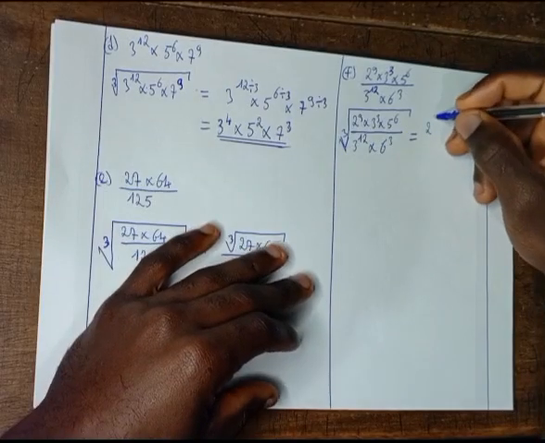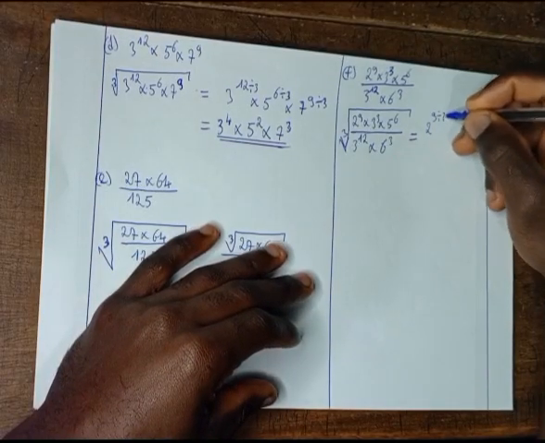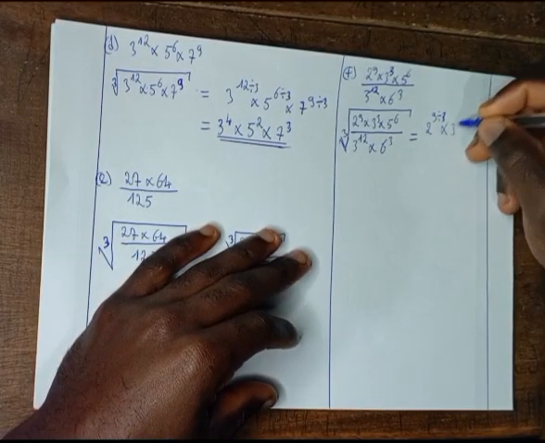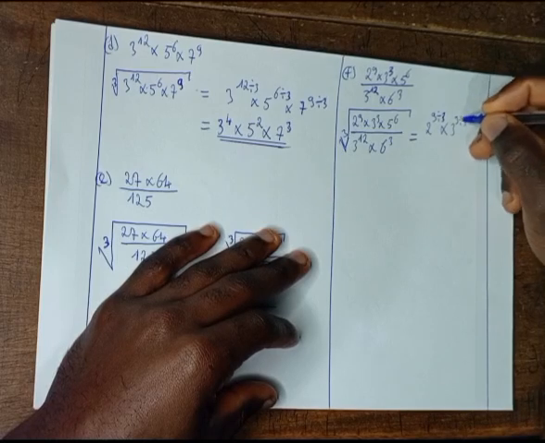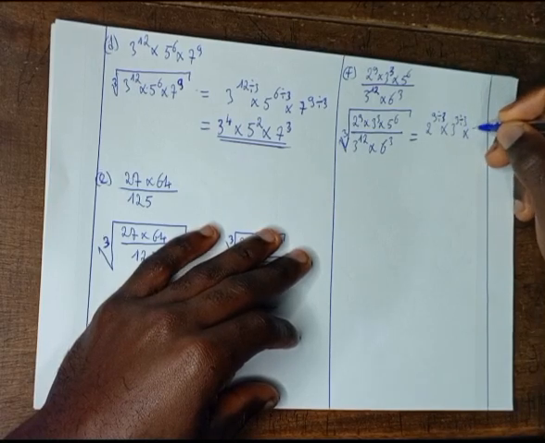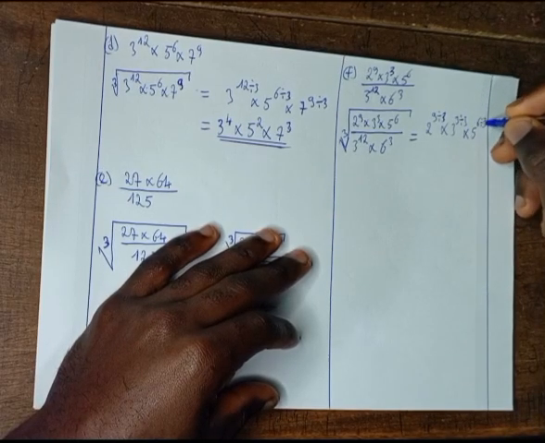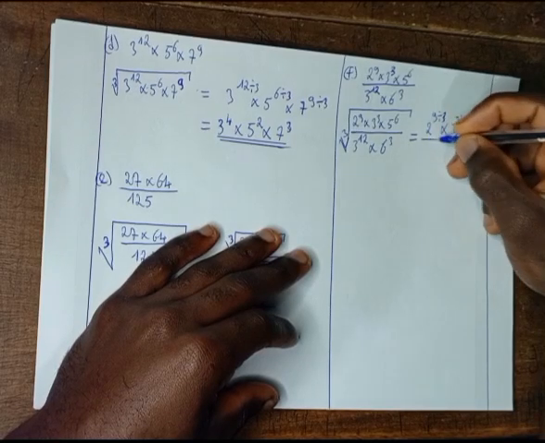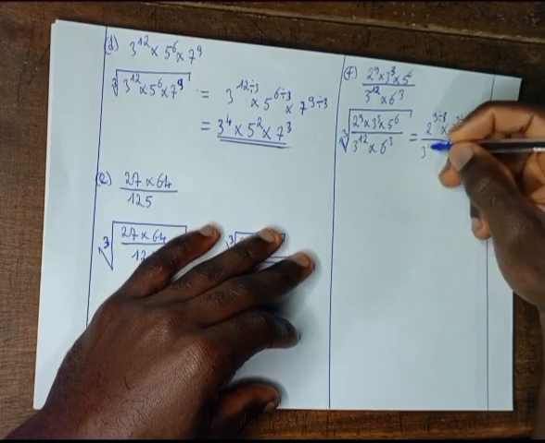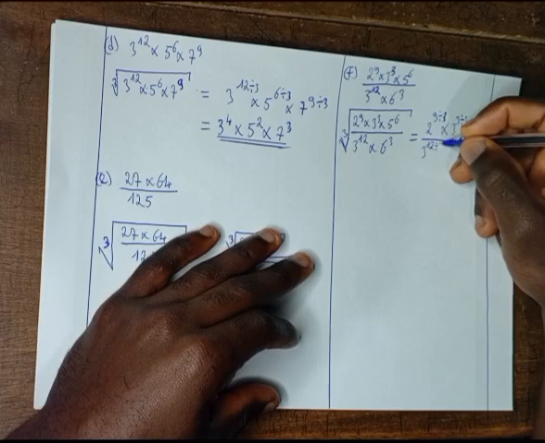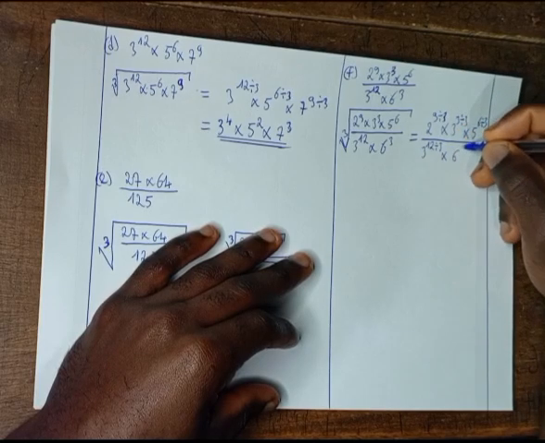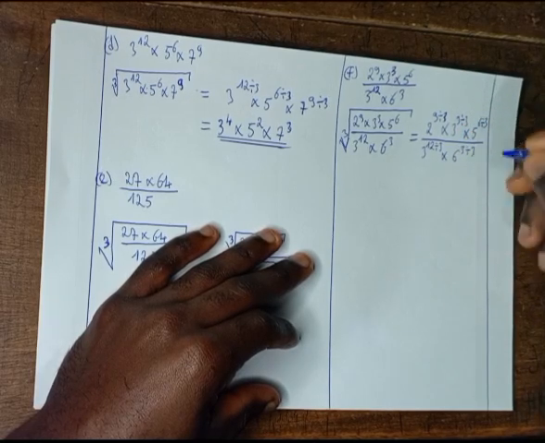This will give us 2 raised to the power 9 divided by 3 times 3 raised to the power 3 divided by 3 times 5 raised to the power 6 divided by 3 all over 3 raised to the power 12 divided by 3 times 6 raised to the power 3 divided by 3.